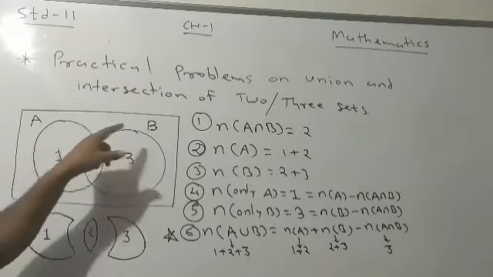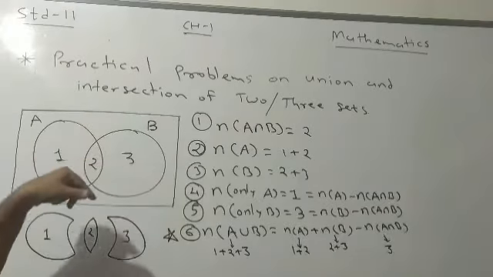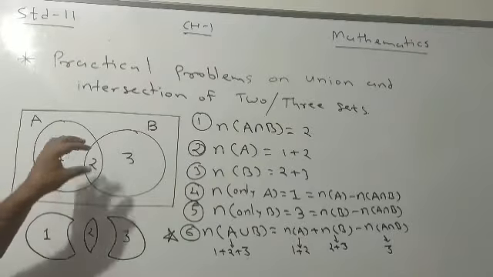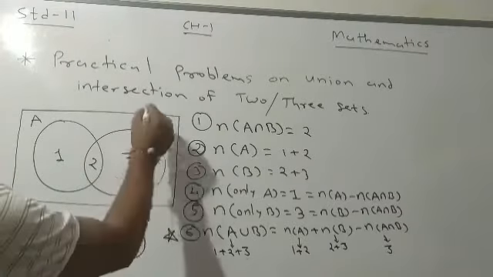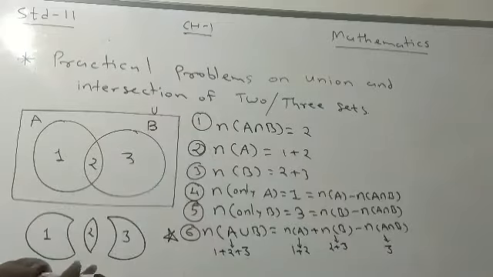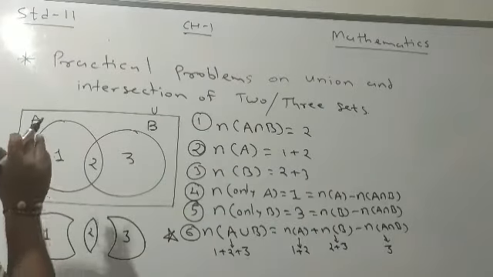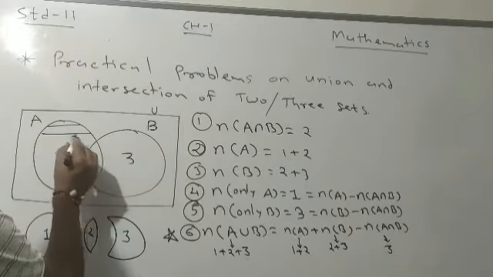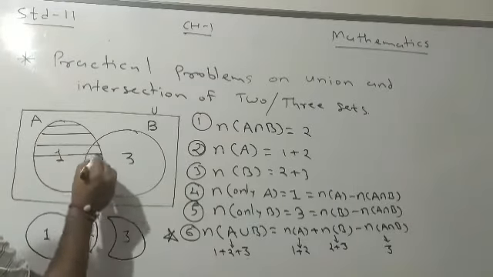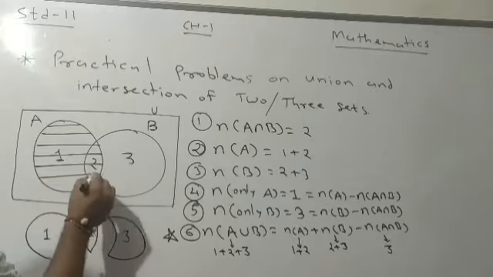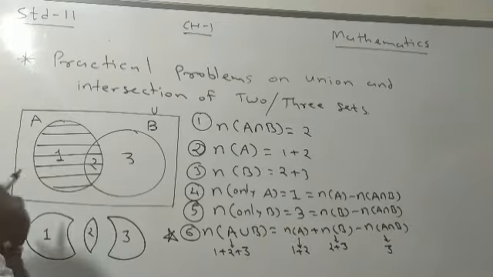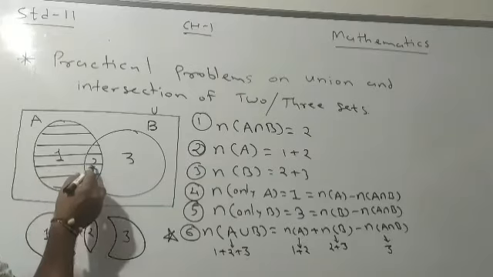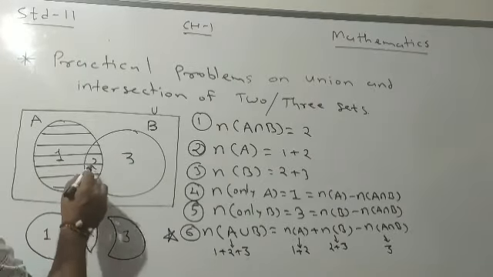Now observe this figure. We have already solved so many questions based on this figure. This figure is known as a Venn diagram. You know very well. Now if I am talking about A, then you have to consider the whole part as A. So we can say that A means part 1 and part 2.